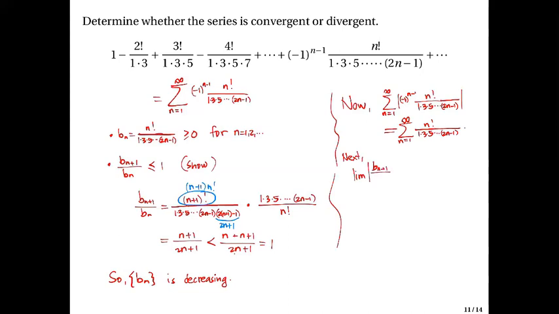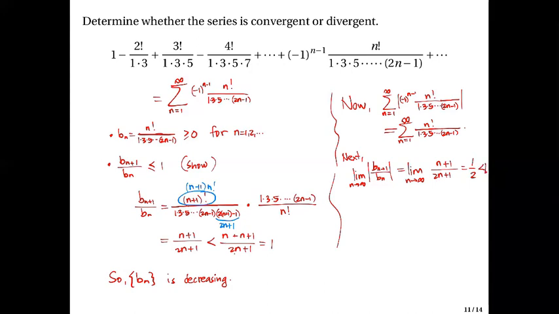We already simplified it to this expression: the limit as n goes to plus infinity of n plus 1 divided by 2n plus 1. Since we have a polynomial over a polynomial, both of degree 1, we just need the leading coefficients. This is equal to 1/2, which is less than 1.